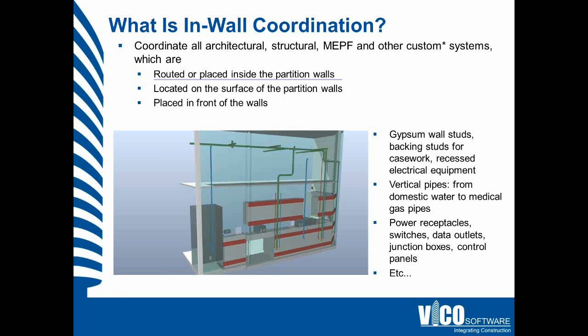You also have some small pieces of equipment, some elements placed on the surface of the wall. However, it definitely requires some supply system which is placed or routed on the inside of the wall. So if you think of data outlets, power outlets, switches, receptacles, fire alarms, those are mounted on the surface of the wall.